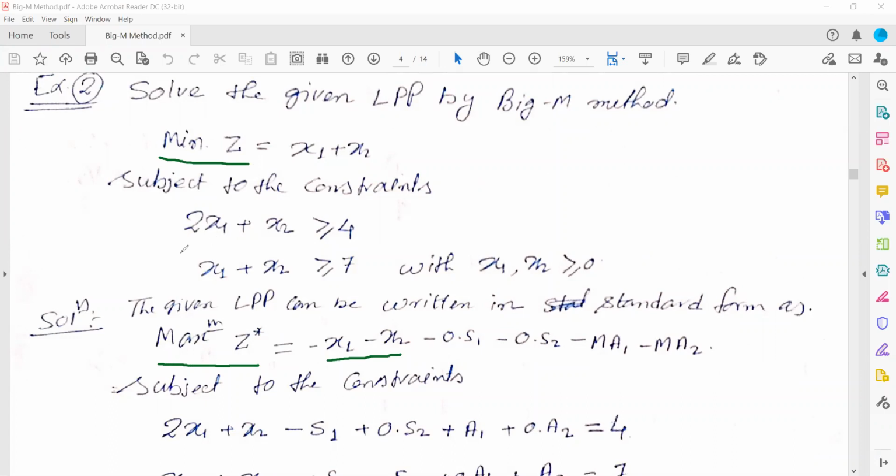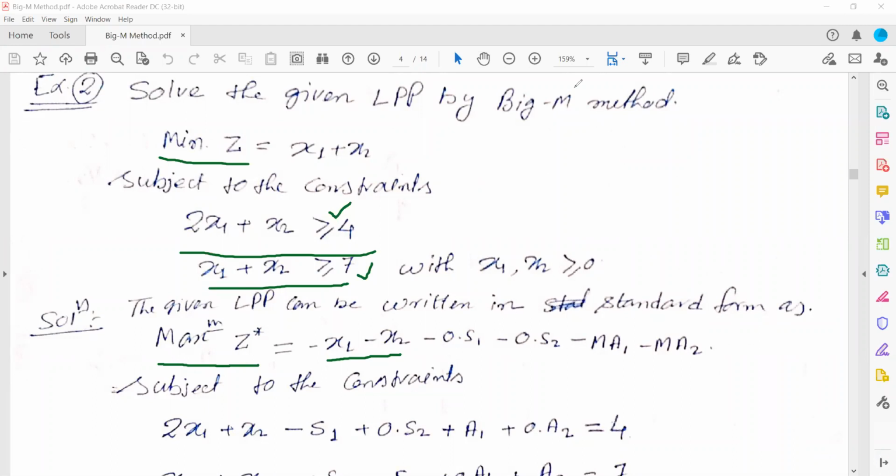And then you convert this inequation into an equation. Here in the first constraint, this is greater than or equal to. In the second constraint, this is also greater than or equal to. That means to convert this inequality to equality, here one surplus and one artificial variable will come, and here also one surplus and one artificial variable will come.